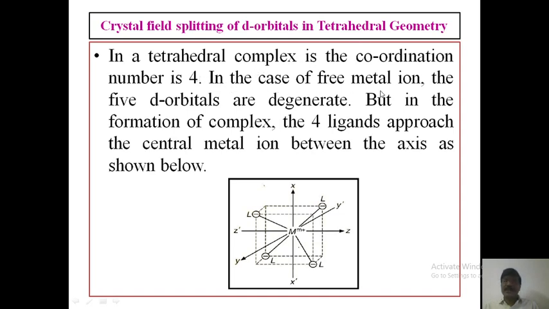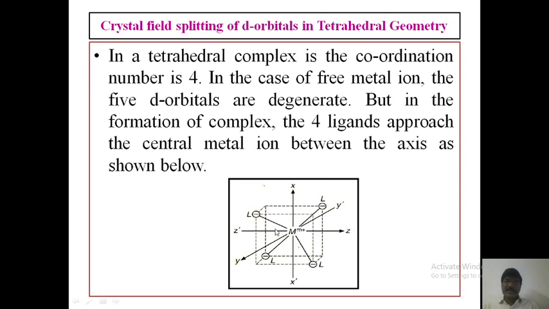In the case of a free metal ion, the 5 d orbitals are degenerate, but in the formation of the complex, the 4 ligands approach the central metal ion between the axes. Ensure that the 4 ligands are approaching the metal atom or ion between the axes, so non-axial orbitals.